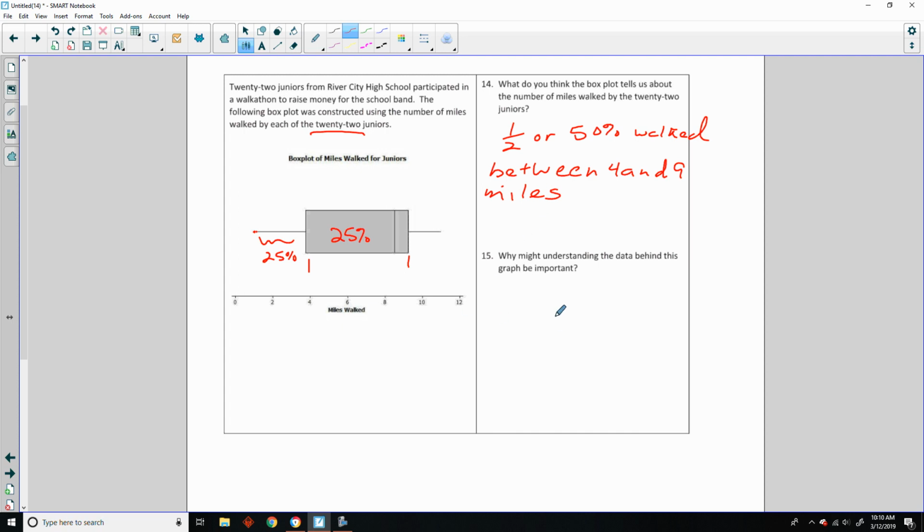I'm not going to write this all down, but I already said it. 25% walk between 1 and 4 miles, and 25% walk between 9 and 11 miles.